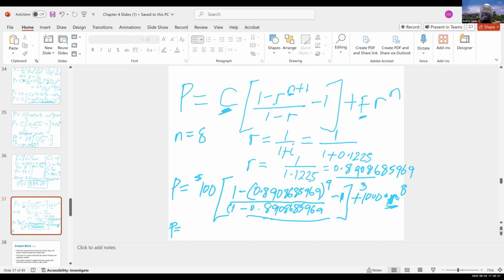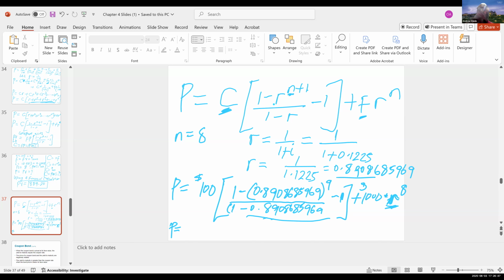And then I'm going to divide that by, introduce bracket, 1 minus, again, the ugly number, 0.890868585969. Close, enter. And then I subtract 1 from it. The 1 is not part of the ratio. So minus 1.